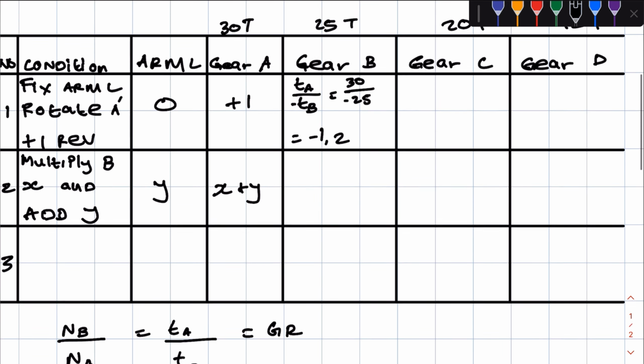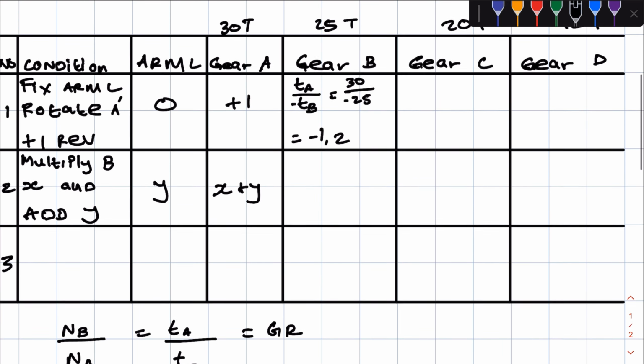Now we transpose 2x, so 2x becomes positive, and this is equal to 6.5. You divide both sides by 2. If you punch this in your calculators, you're going to get x equals 3.25.